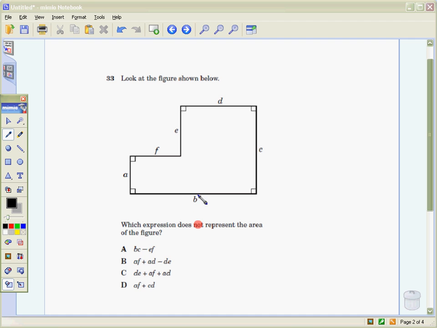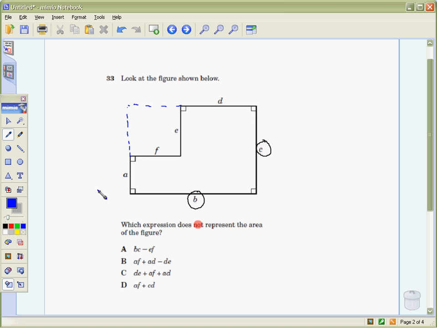BC. If I have B and I multiply that times C, that's the length times the width. So that's going to give me the area of the entire big rectangle. And then it says minus EF. If I subtract out EF, that's the dimensions of this smaller little piece here.